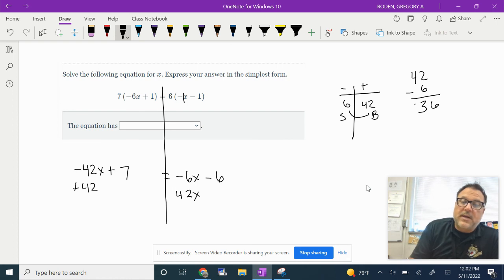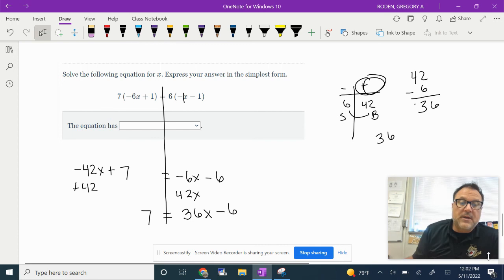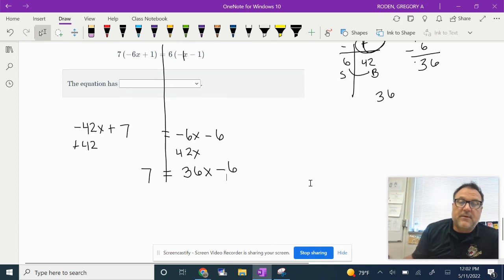So now we get, and it's going to be positive because the bigger one's positive, positive 36. So now we get 7 equals 36x minus 6, right? Okay. All right. I think I've done everything correct there.